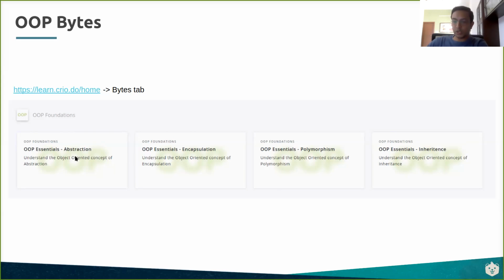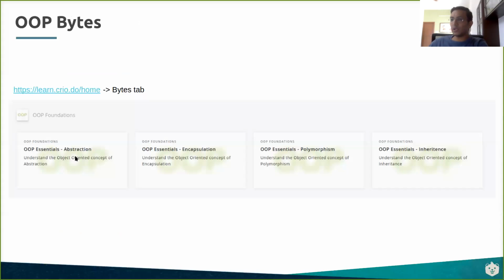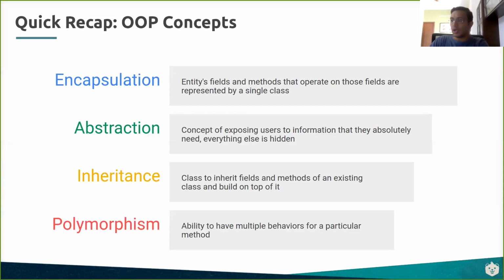You can click on each one of them, and there will be a button on the top right which says start your byte. Very quick, there's no additional things that are needed. So we have 4 of these bytes, like we spoke about in the initial session, and we are covering these 4 topics as part of those 4 bytes.